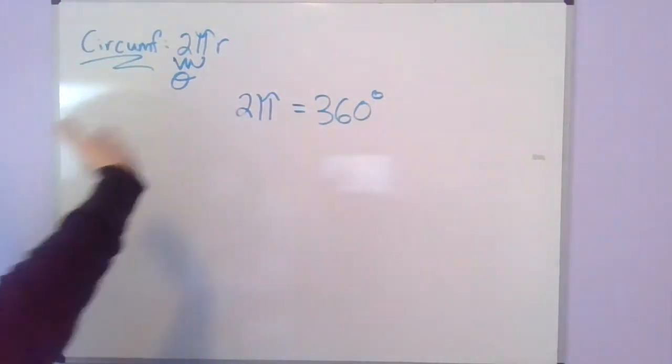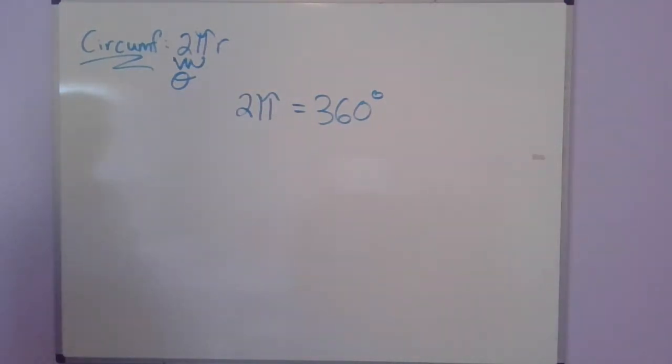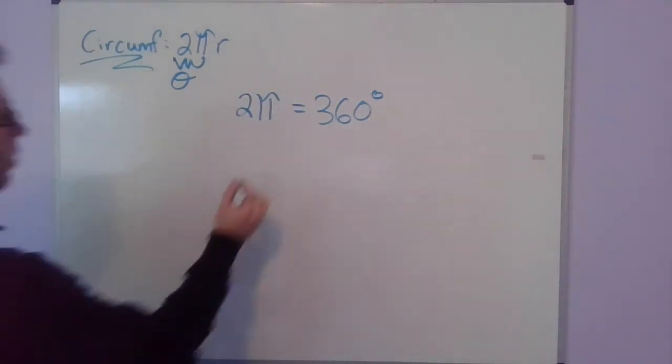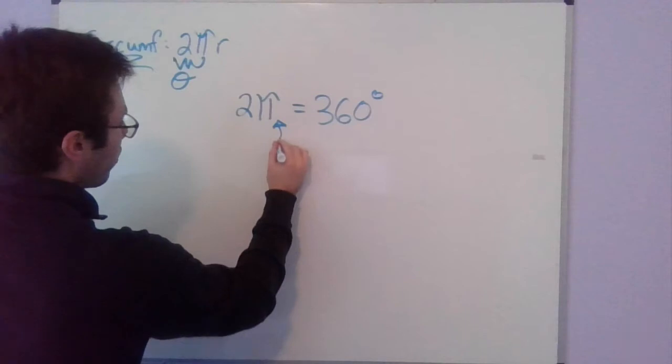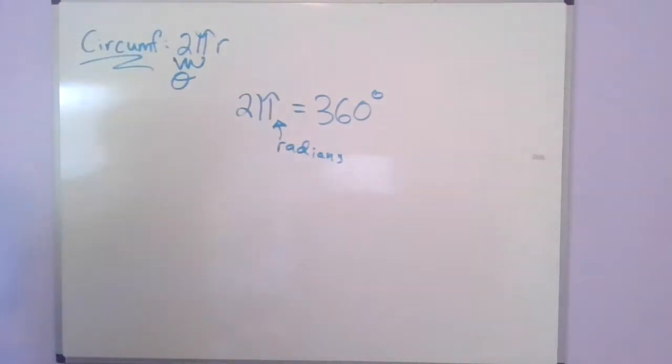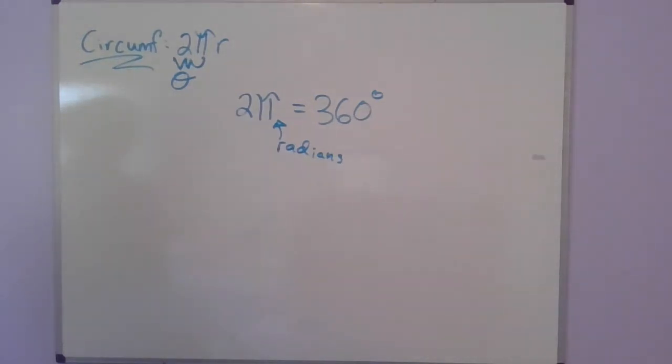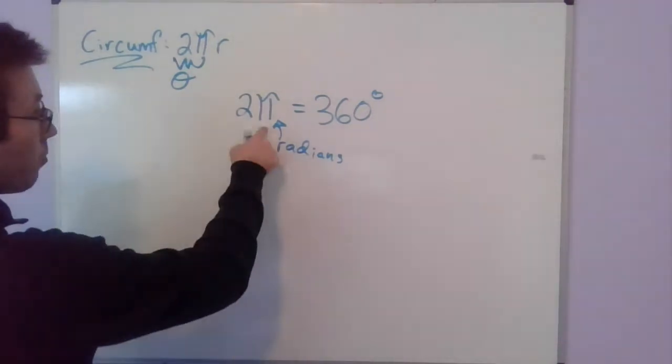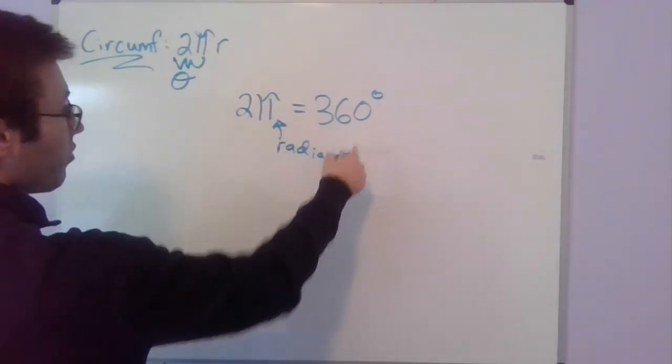We'll think of it as going around 360 degrees. And what we refer to this value here as is radians. So 2 pi radians is equal to 360 degrees.